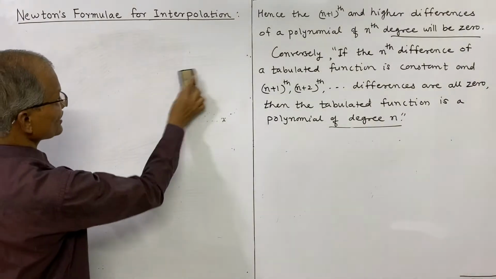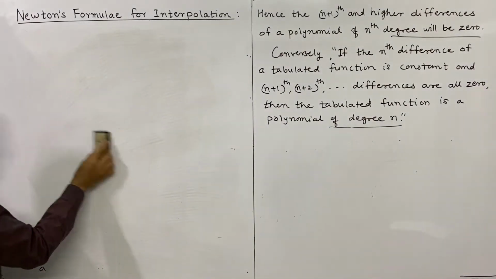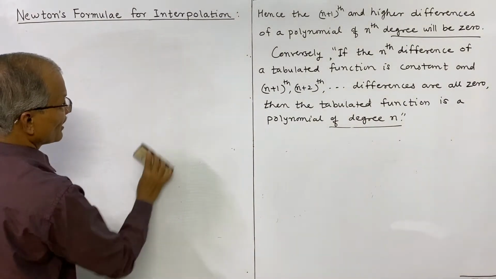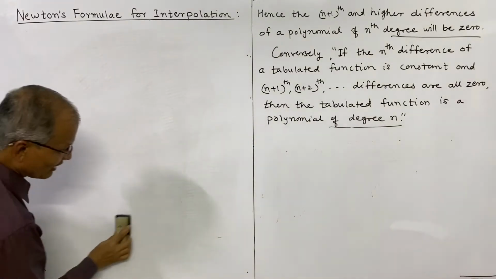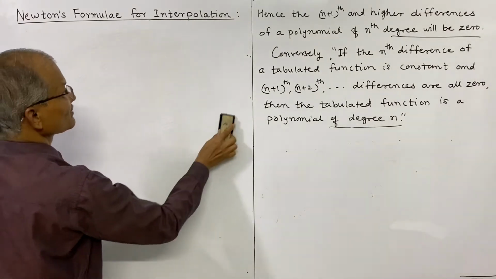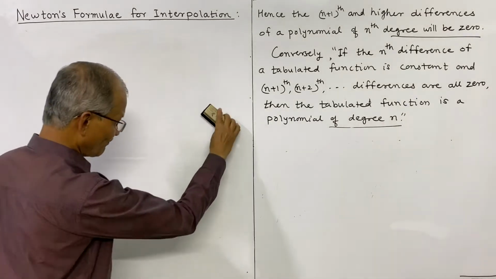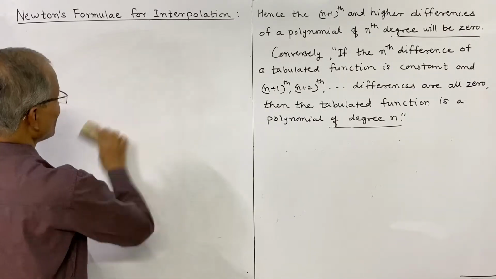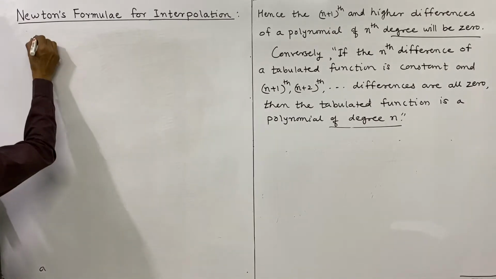So data is given, and we want to find a polynomial to fit that data, and then we can obtain the value of y for a required value of x. For a given value of x, we can find the value of y, that is, estimate the values which are not in the table.